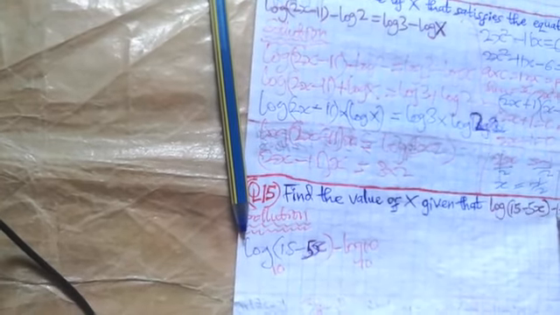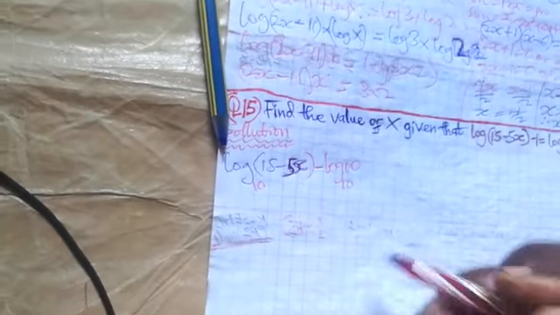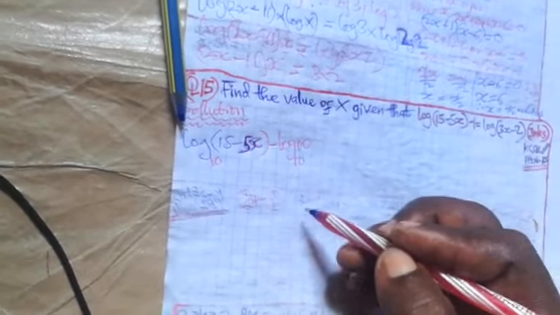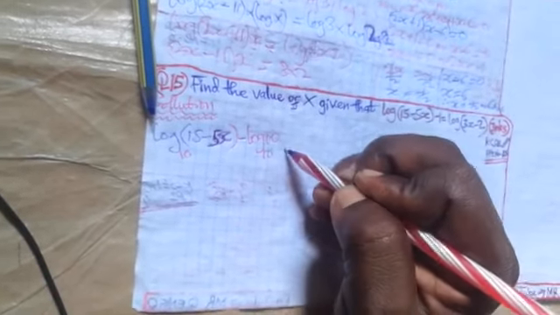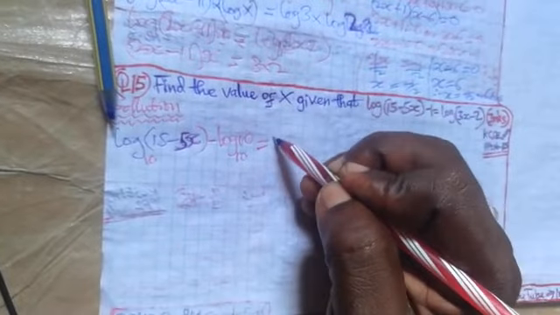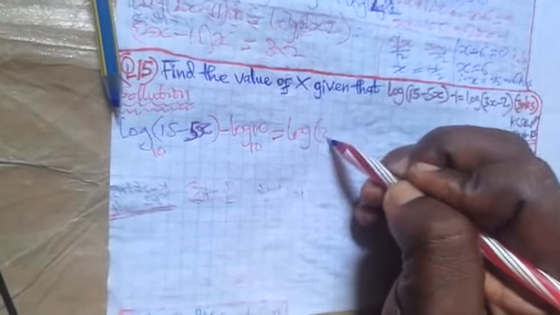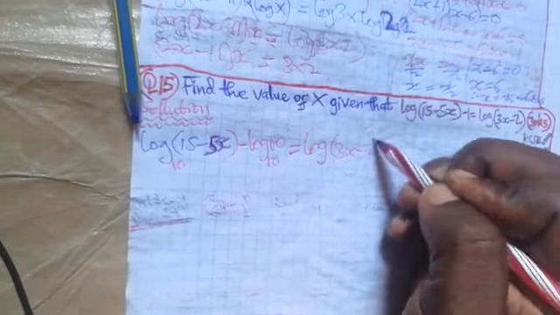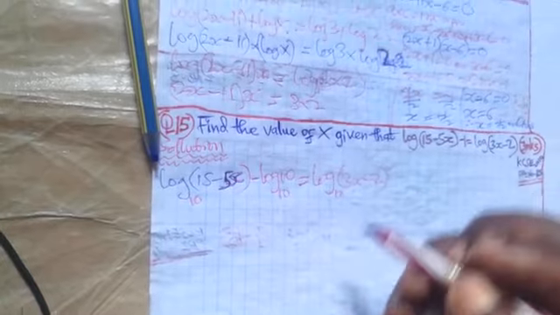We take 1 in log, not the negative. We have already explained this in our previous questions, so this will be equal to log of 3x minus 2. This is also base 10.